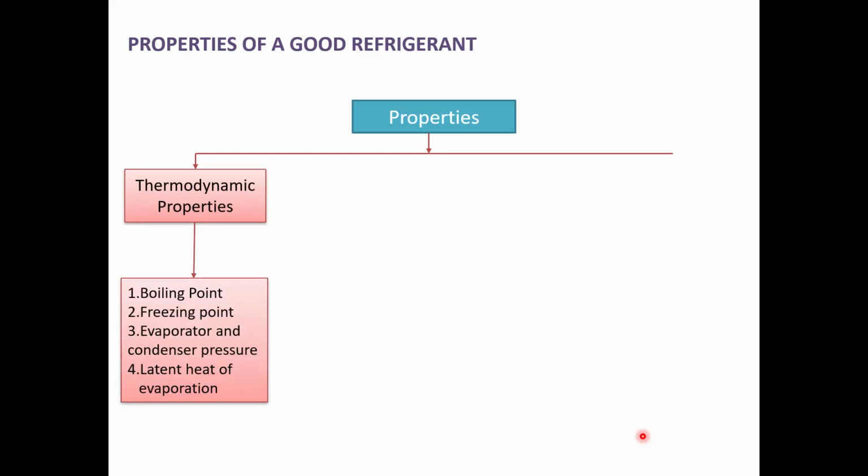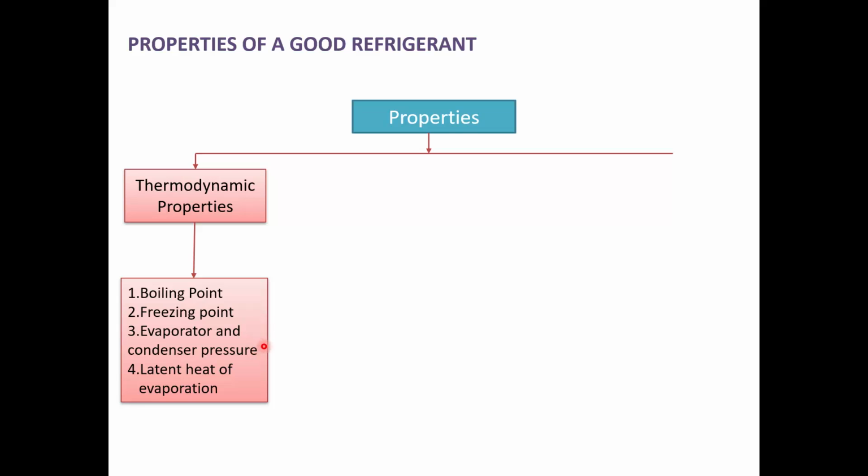First property, boiling point. A good refrigerant must have a low boiling temperature at atmospheric pressure. Second, freezing point. A good refrigerant must have a very low freezing point because the refrigerant should not freeze at low evaporator temperatures. Third, evaporator and condenser pressure.